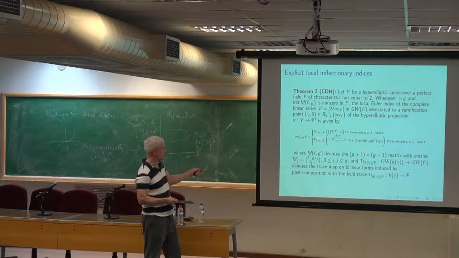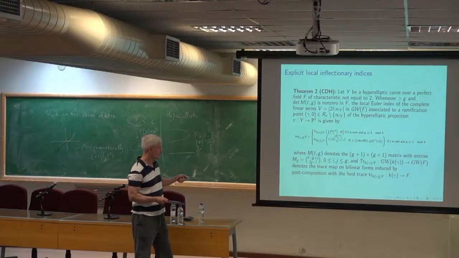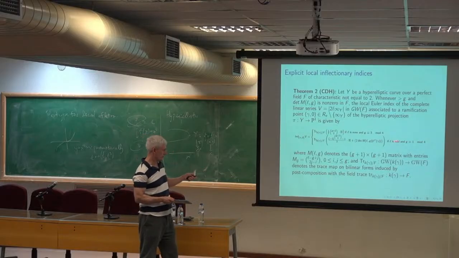And this is to say that these are local inflection indices at ramification points of a hyperelliptic projection. It's harder to compute these local indices away from the ramification points of the hyperelliptic projection.